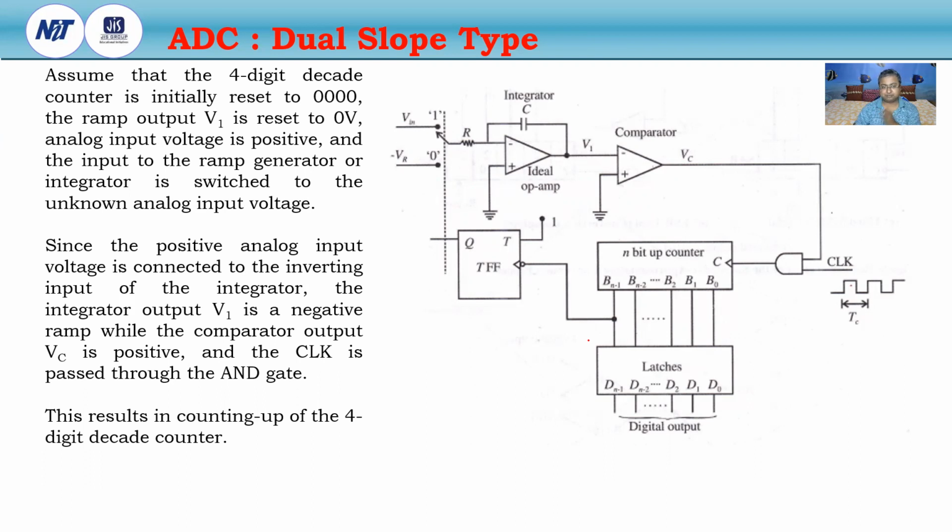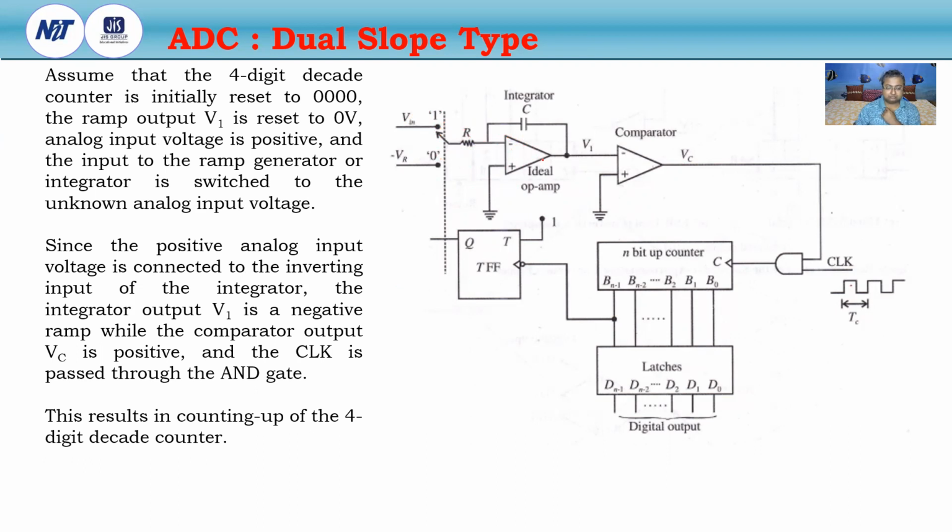Since the positive analog input voltage is connected to the inverting input of the integrator, the integrator output V1 is a negative ramp due to the inverting integrator.